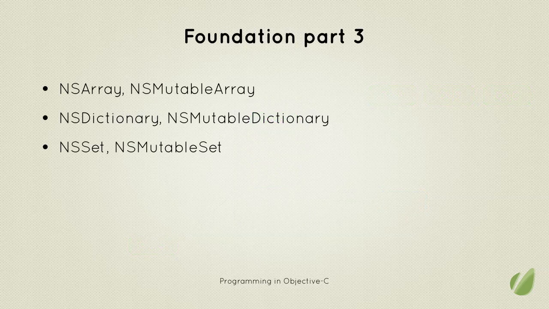Collections of objects can be created in many different ways, depending on your needs. In this lesson I show you how to use the NSArray, NSDictionary, and NSSet classes, and then I'll introduce you to a mutable version of these classes.